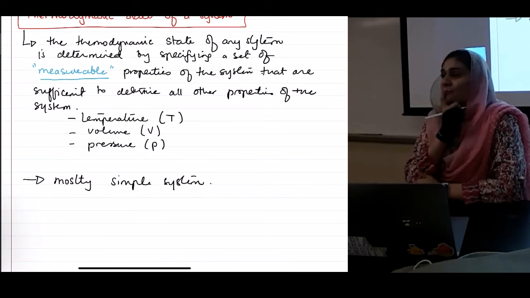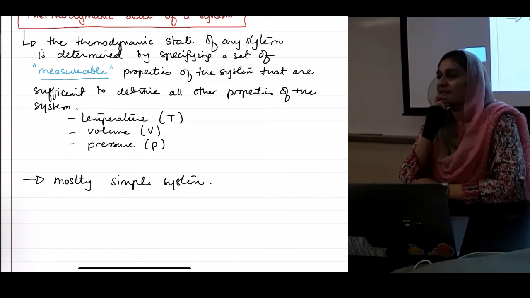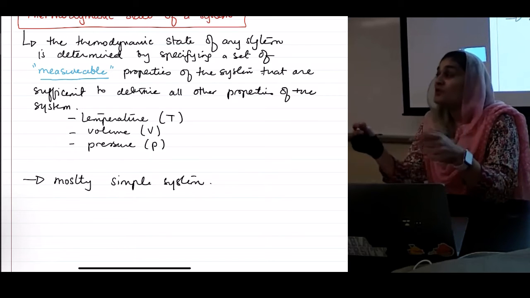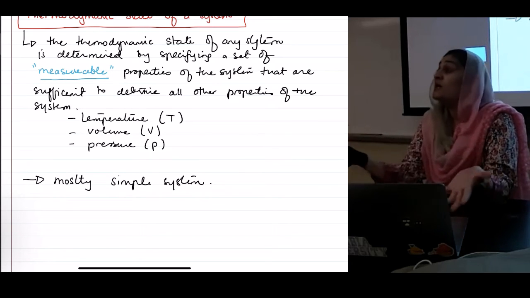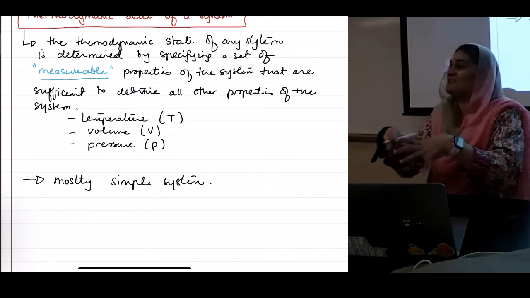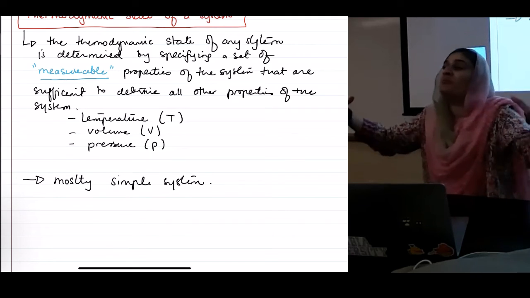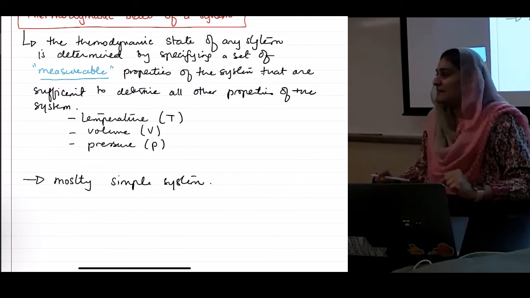And when we do have a complex system, what do you think we're going to do? Simplify it again. How do we simplify it? Break it up into parts? Yes. So if you have a complex system, break that system up into parts until they become a simple system. And then you study those subsystems and then put them all together. Does that make sense?